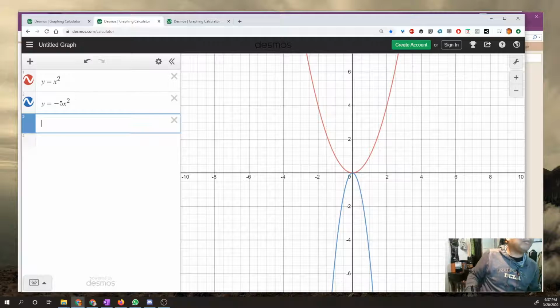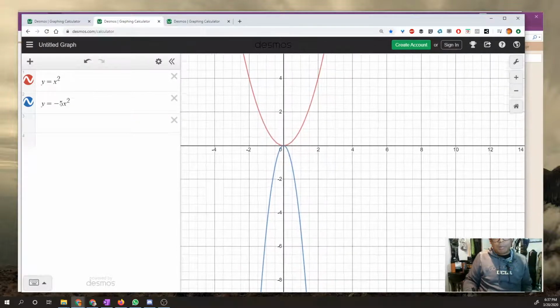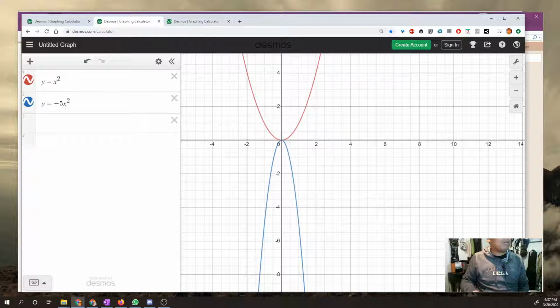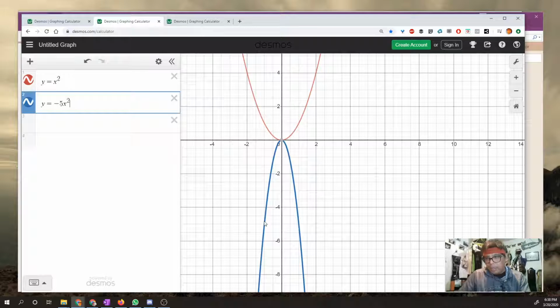I'm having a hard time seeing, so I'm going to move it over here. Lattice points. Now I can find lattice points again over here. That is at negative 1, negative 5. Over here, 1, negative 5.